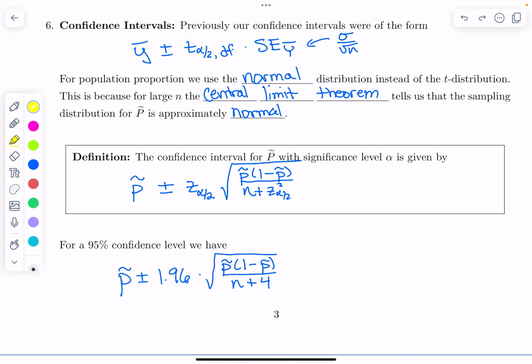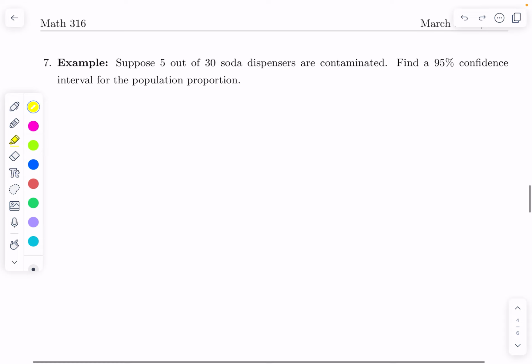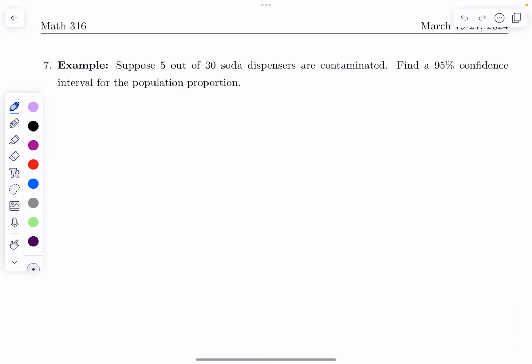So I now want to conclude with an example. Suppose that 5 out of 30 soda dispensers are contaminated. Find a 95% confidence interval for the population proportion. We saw before that p tilde was 5 plus 2 over 30 plus 4, which is 7 out of 34, or approximately 20.59%.